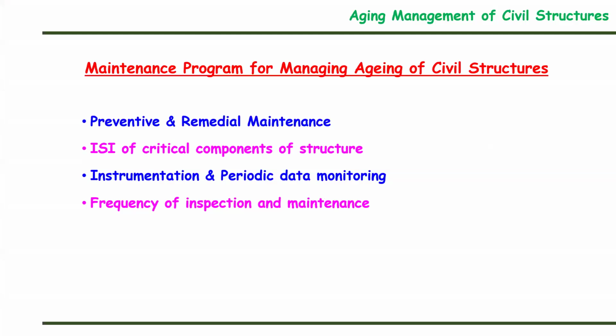We can increase the capacity of the structural members. And we can carry out remedial maintenance based on the structural analysis, and carry out in-service inspection of the critical components. Based on the instrumentation and periodic data monitoring, we can get a lot of information about the existing structures.